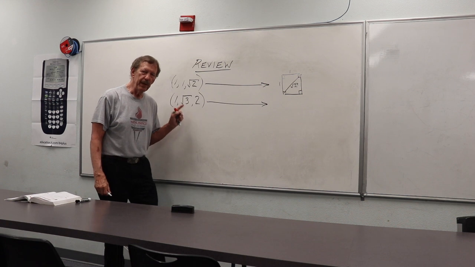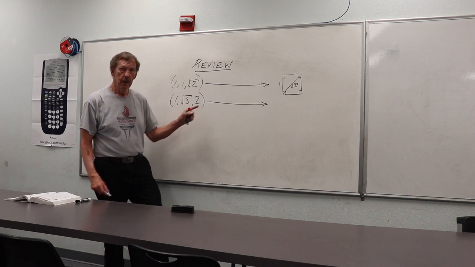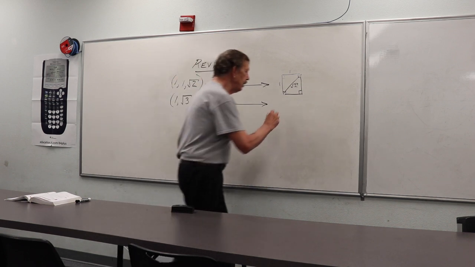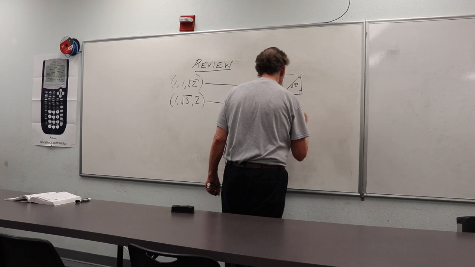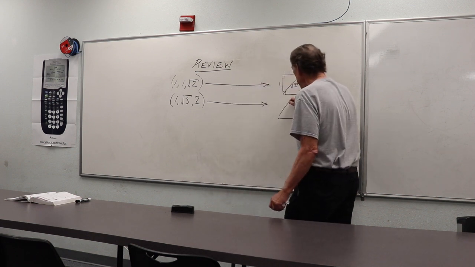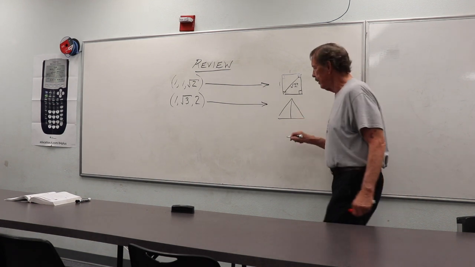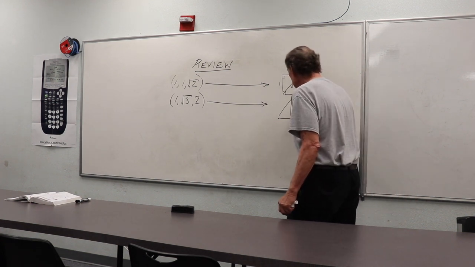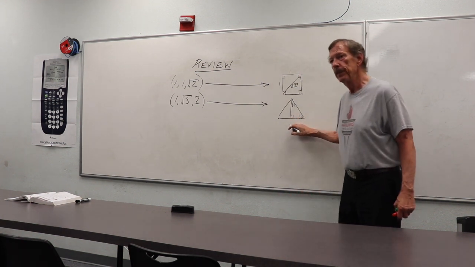The second Pythagorean triple, 1, square root of 3, 2, comes to us from an equilateral triangle that we cut in half like that. That gives us a 30, 60, 90 triangle.